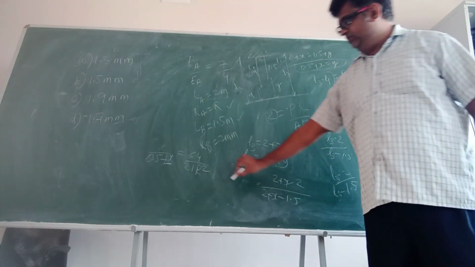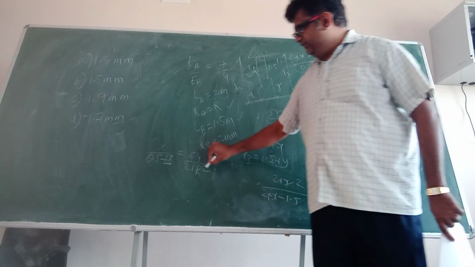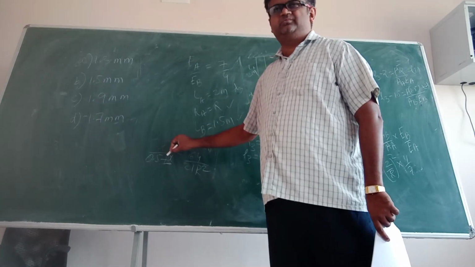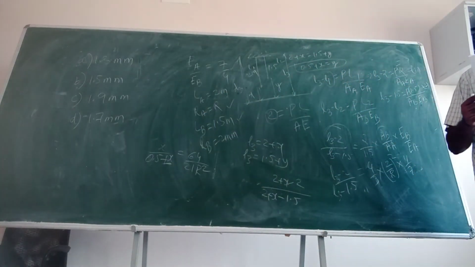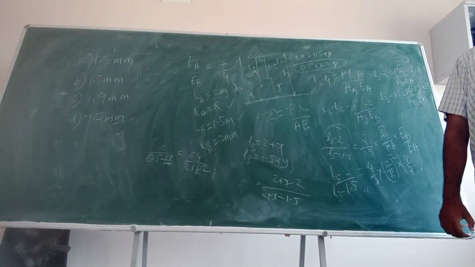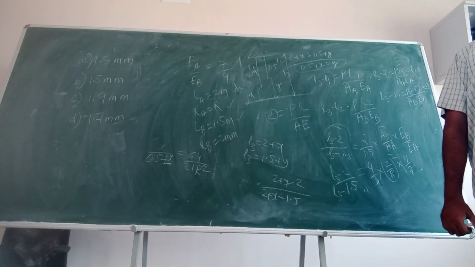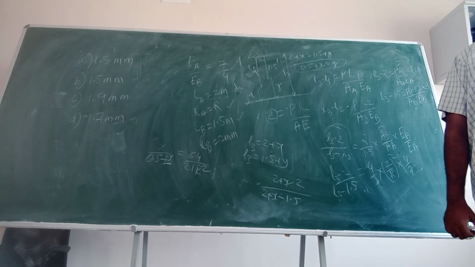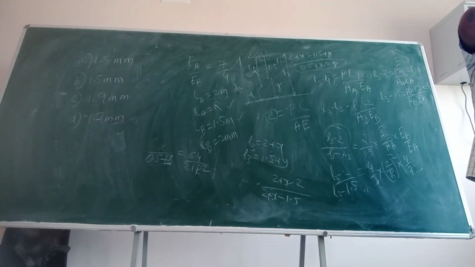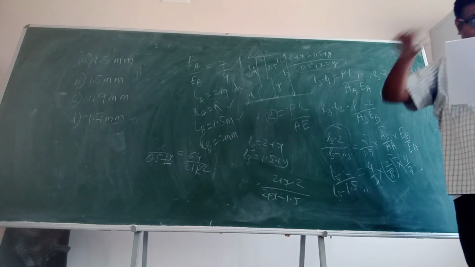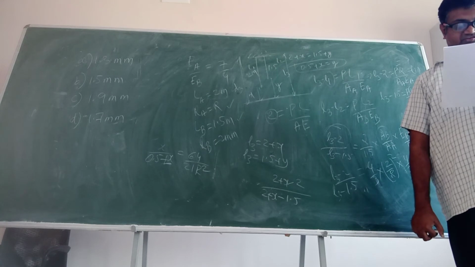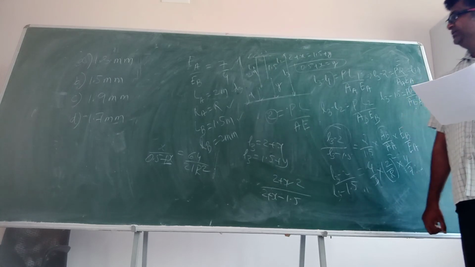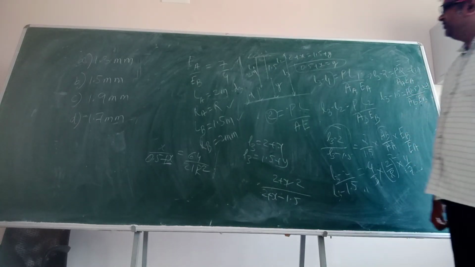We have to find the value of r. Now the r value depends upon this x. Okay? So two unknowns are there. Now let us see if we are missing any condition. If two wires are stretched by the same length for a given load, stretched by the same length.